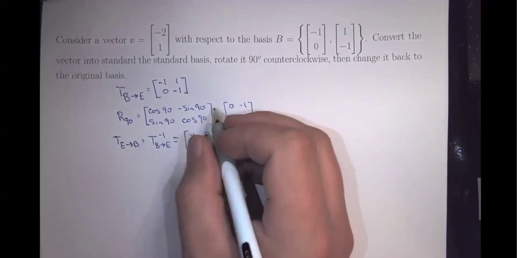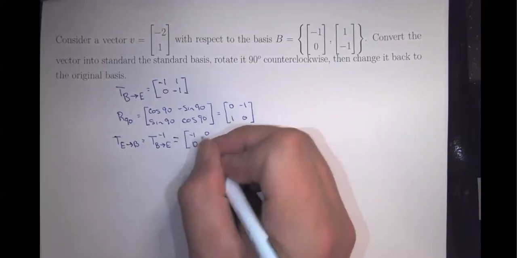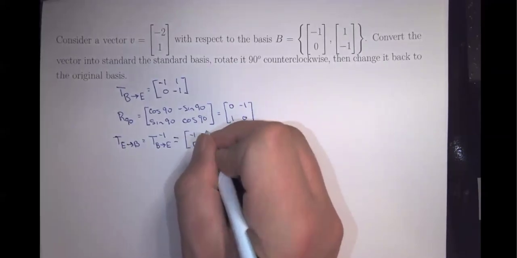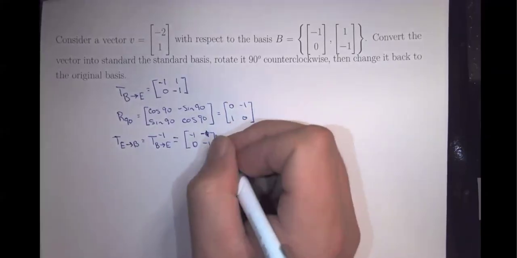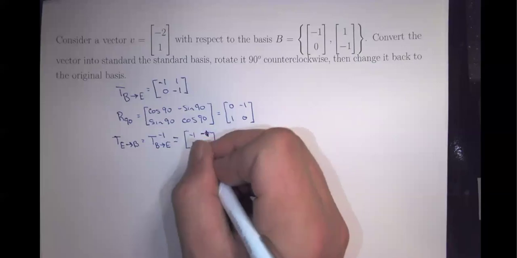That's not true. That's a 0. This is a -1. Flip those two, make these two negative.